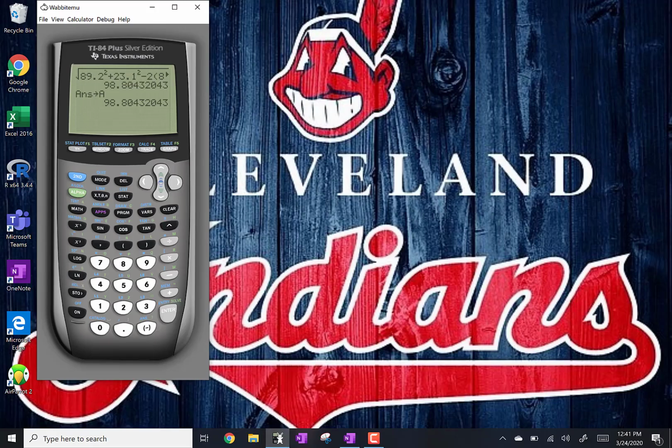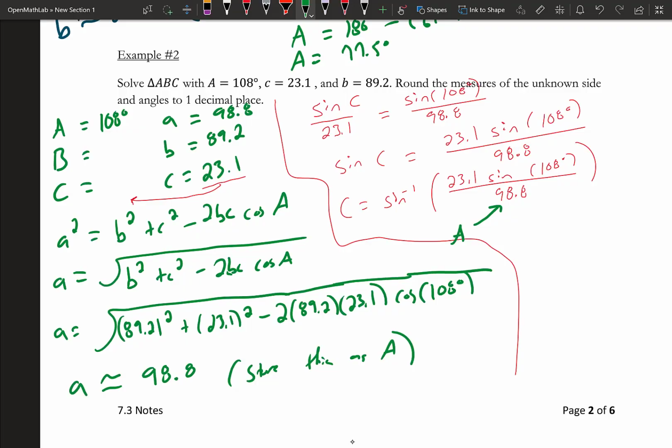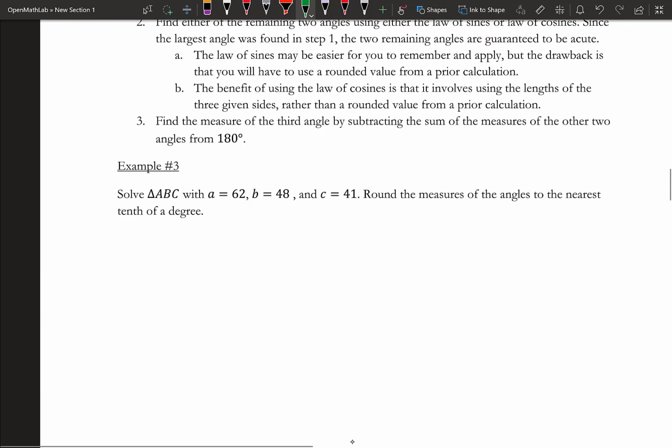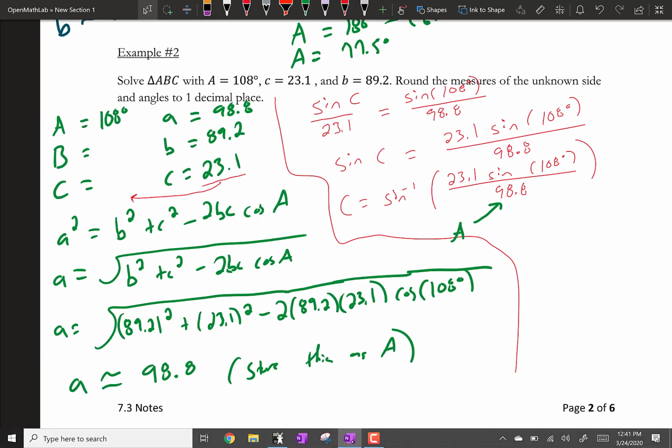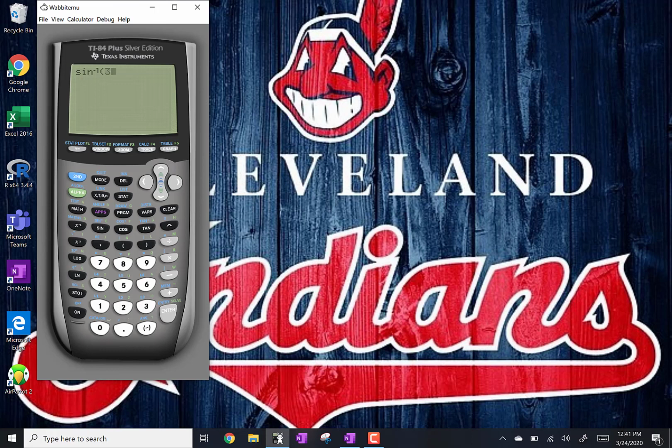So when I enter this in my calculator, I do second sine of 23.1 times the sine of 108 degrees divided by alpha A. So that gives me 12.8 if I round to the nearest tenth.